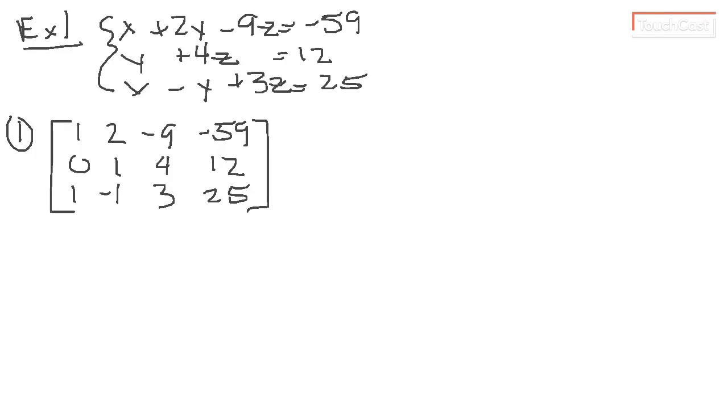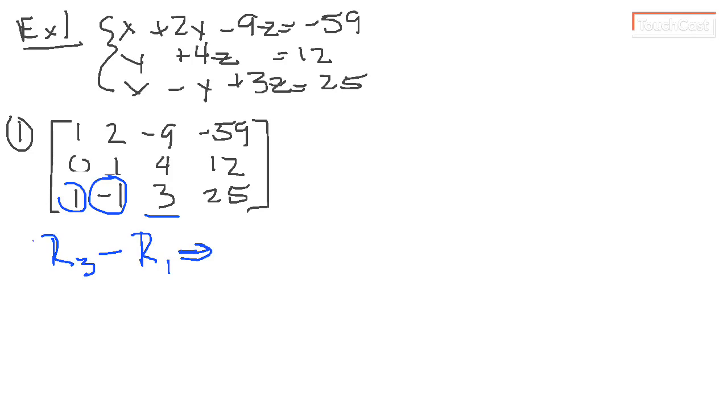So now I'm going to use some row operations. With the row operations I'm going to use, I need to get rid of the first and the second 1, and then I need to make this 3 into a 1. So first, let's just focus on getting rid of that first 1. What I'm going to do is take the third row, R3, and subtract the first row from it.